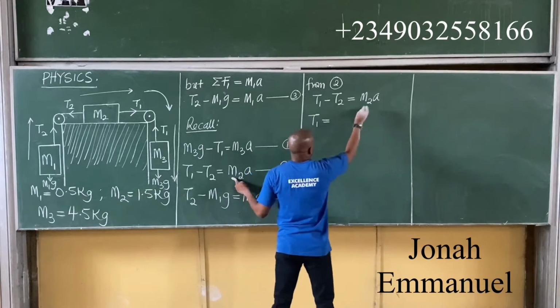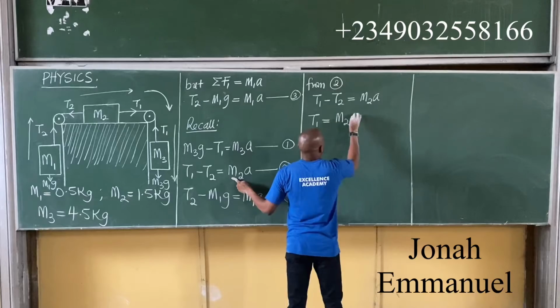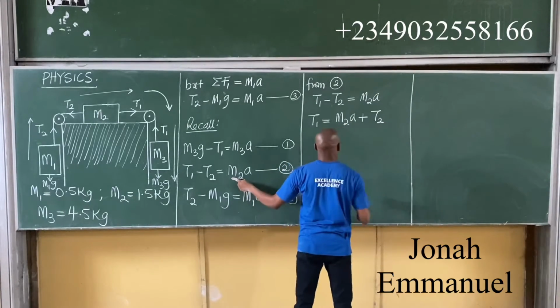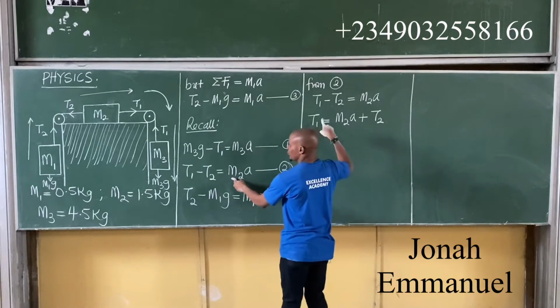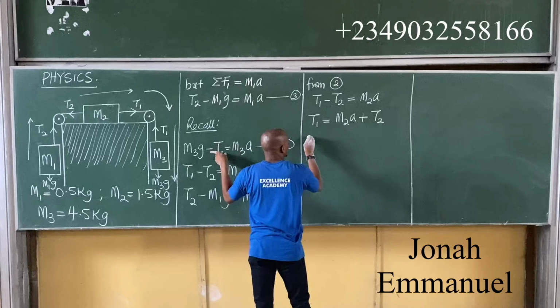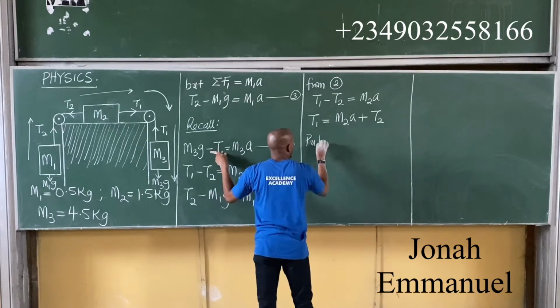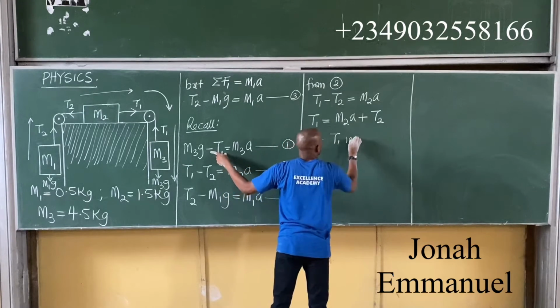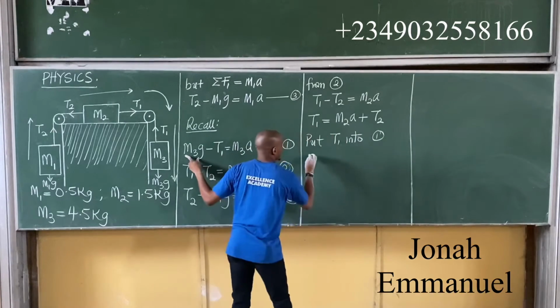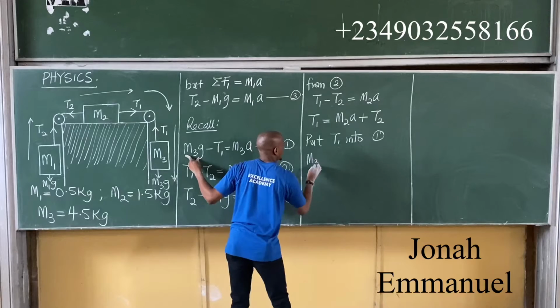T1 is now equal to M2A, and this one comes and becomes plus T2. Next up, I'll put this value of T1 into my first equation here. That becomes M3G.